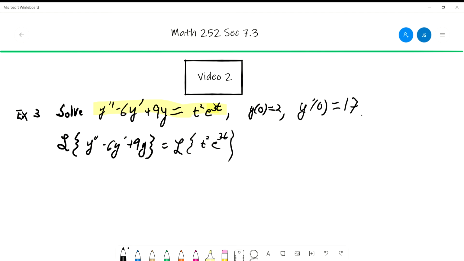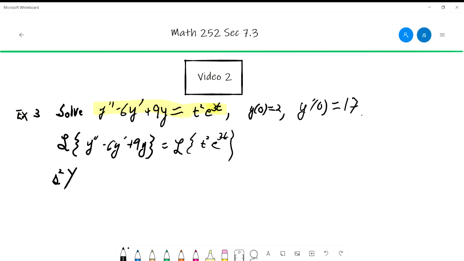Now, the theorem we had in the previous section, we know how to take the Laplace transform of the left-hand side.